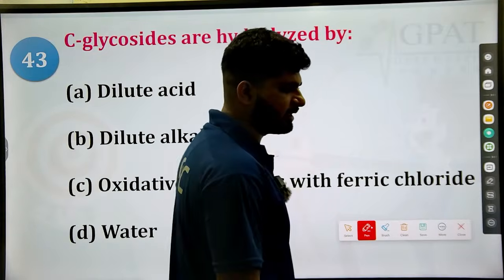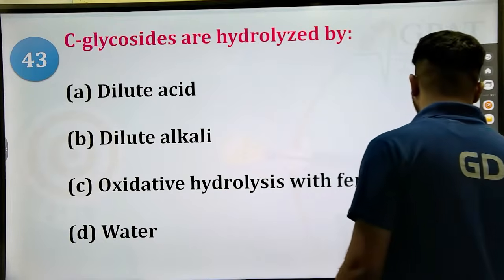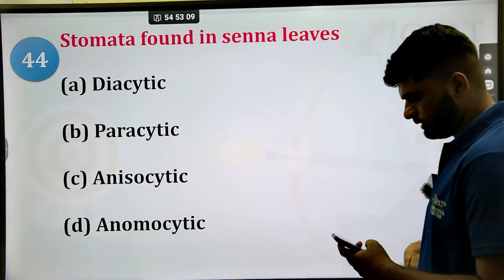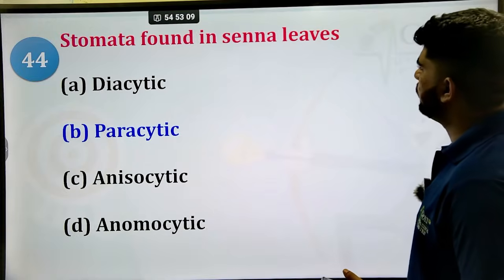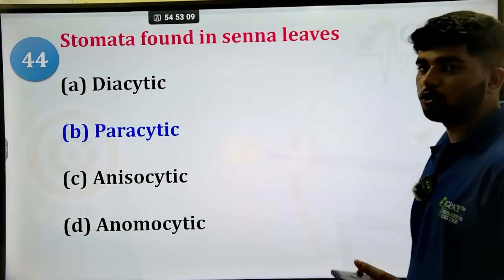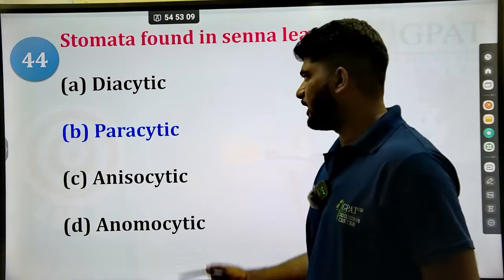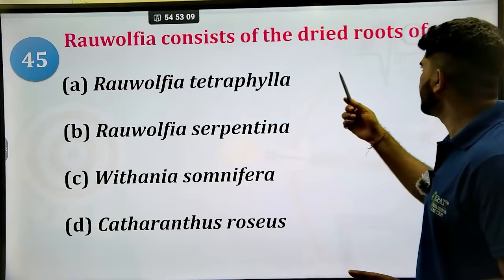Aloe and cascara are present in your C-glycosides. These are definitely going to be hydrolyzed by oxidative hydrolysis with ferric chloride, right? Chalo. Okay. Stomata found in senna leaf, senna and coca leaves are parasitic in nature, guys. Okay. Rauwolfia consists of the dried roots of.